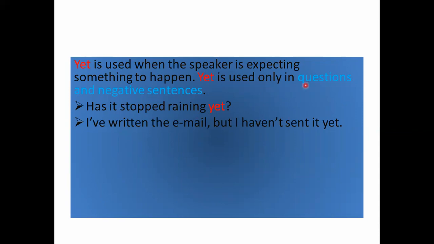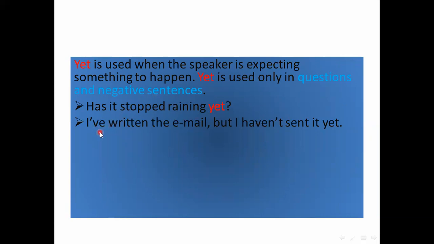So these are the rules of yet you have to keep in mind. Yet is used only in questions and negative sentences, mostly. For example, has it stopped raining yet? So this is a question.